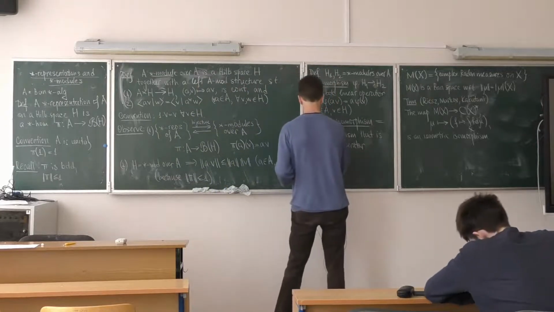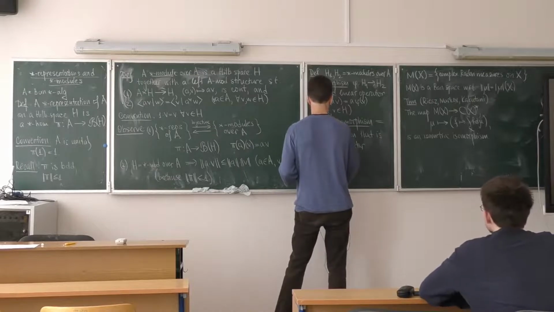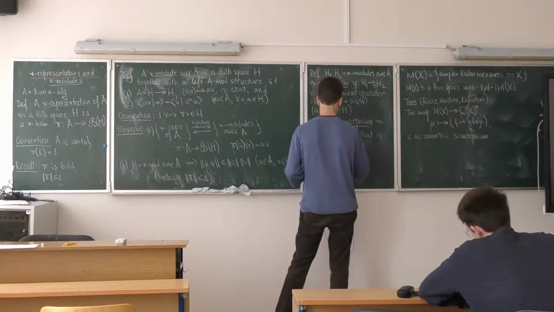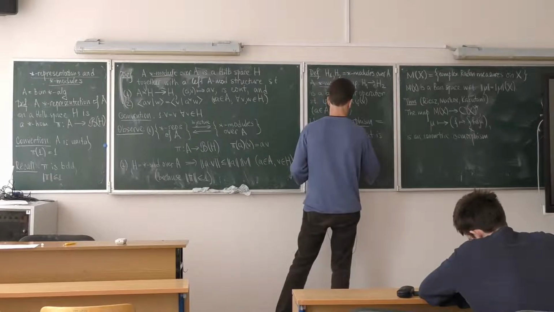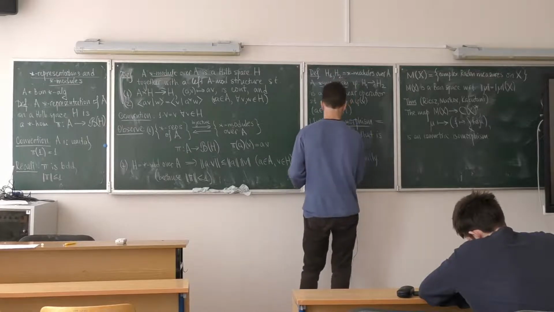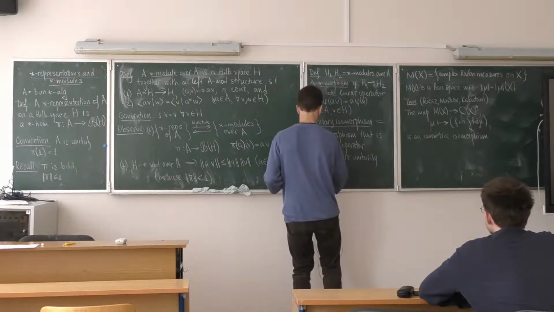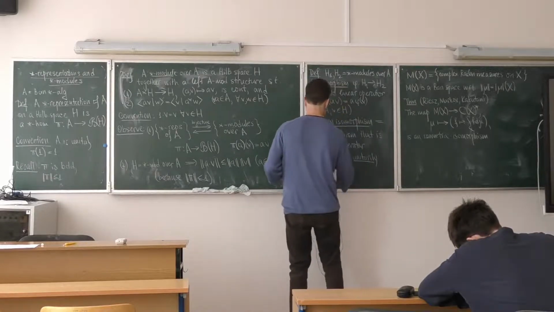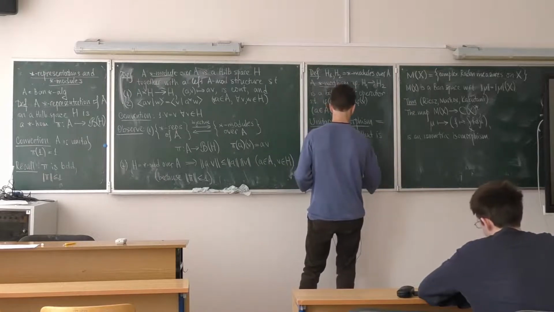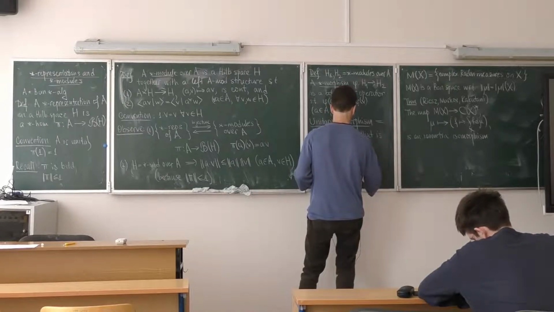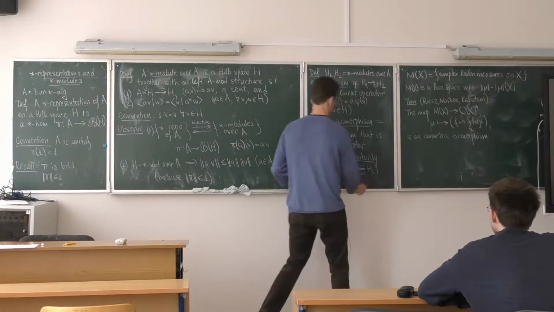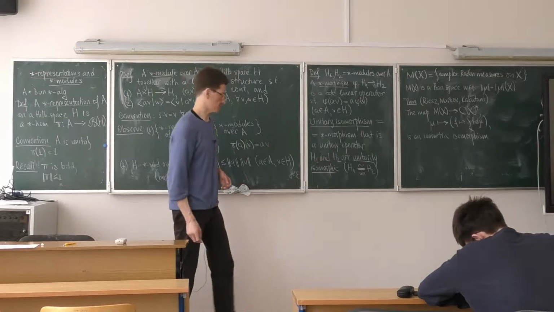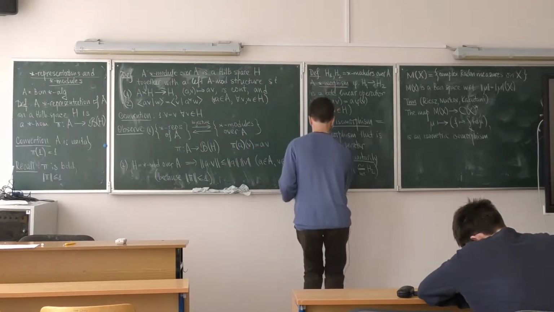And we say that H1 and H2 are unitarily isomorphic. And we will use the following notation if there is a unitary isomorphism between H1 and H2.